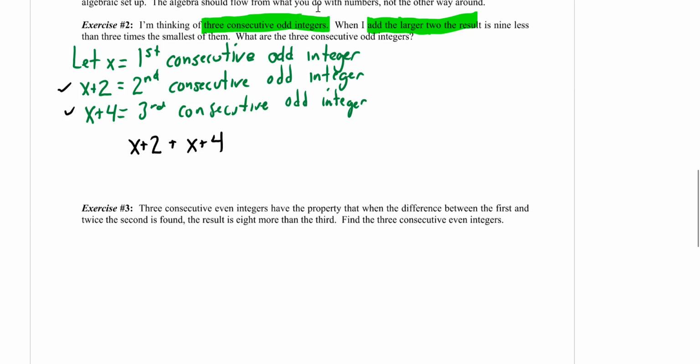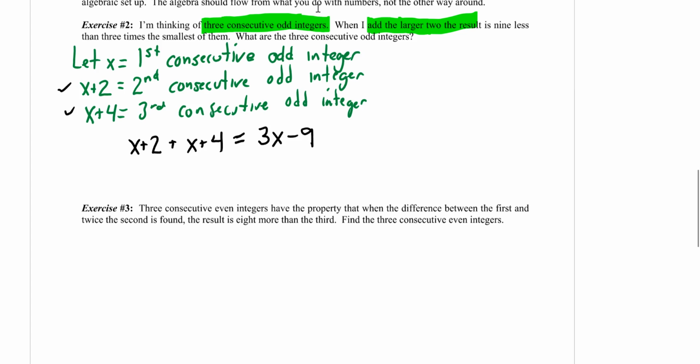Odd, like 3, 5, 7. The result is 9 less than 3 times the smallest. 3x minus 9. Fellas, we got to get settled faster. Okay?